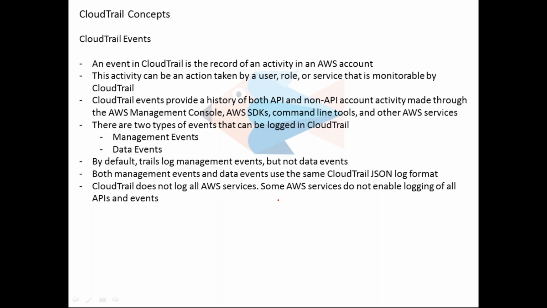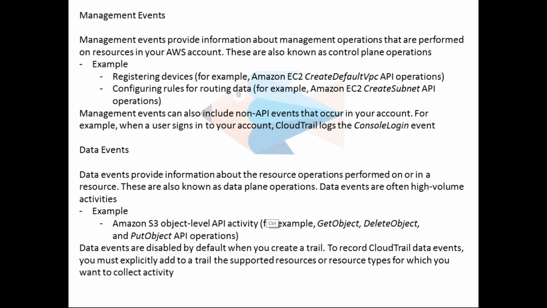Coming to the management events. These management events provide information about management operations that are performed on resources in your AWS account. These are also known as control plane operations. For example, registering devices, creating an EC2 instance, configuring the routing.